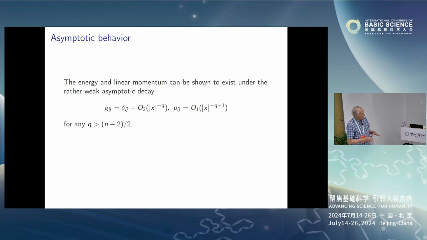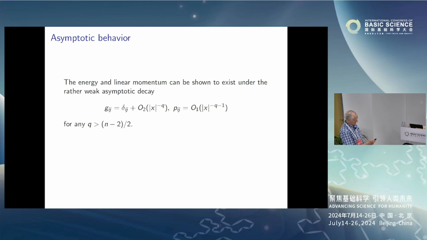When q equals n minus 2, I'll call that Newtonian decay. That would be the decay that the Newtonian potential would have in n dimensions. So in 3 dimensions, it'd be r to the minus 1. And the second fundamental form, being a time derivative of the metric, falls off one order faster.